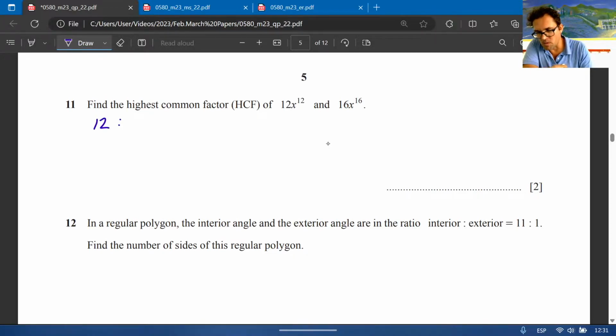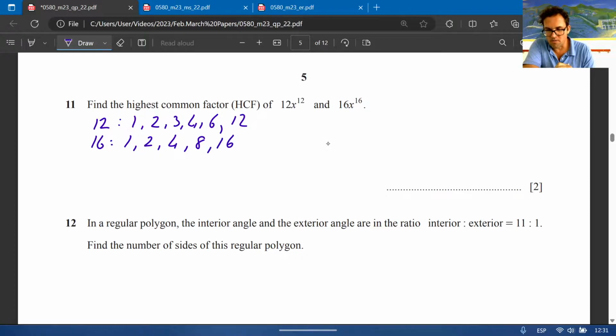What's the factors of 12? 1, 2, 3, 4, 6, 12. What's the factors of 16? 1, 2, 4, 8, 16. Highest common factor there, 4. See, that's 1 mark. Next question.